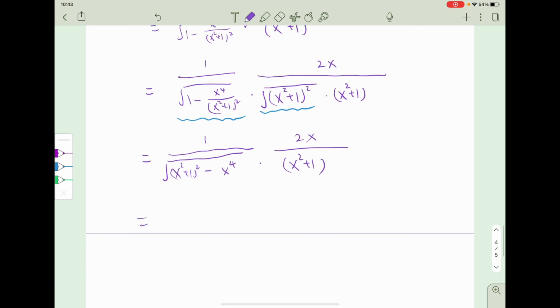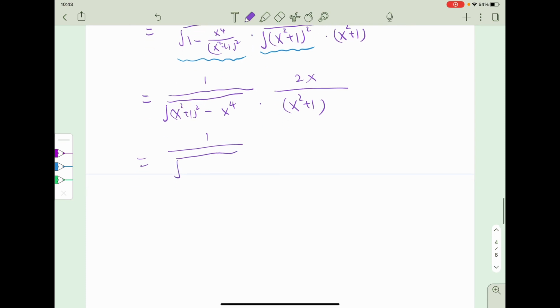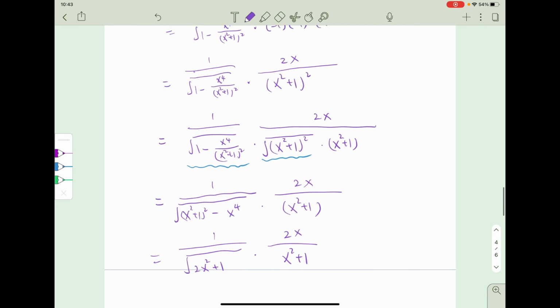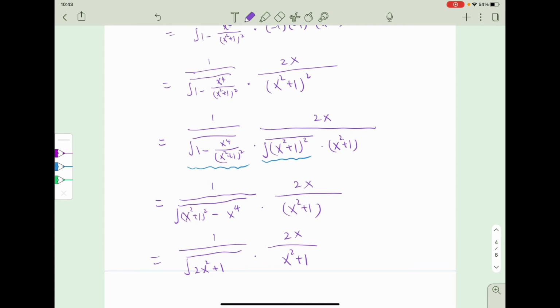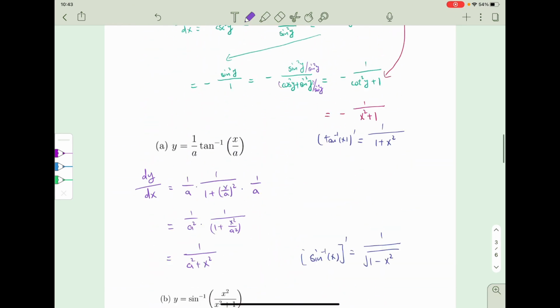And this simplifies to 1 over, if you open the bracket, 2x squared plus 1 times 2x over x squared plus 1. This is the final answer. Should not be too difficult to see, right? It is a little bit complicated, but it's not too difficult. Okay, so that is the final answer for the second question.